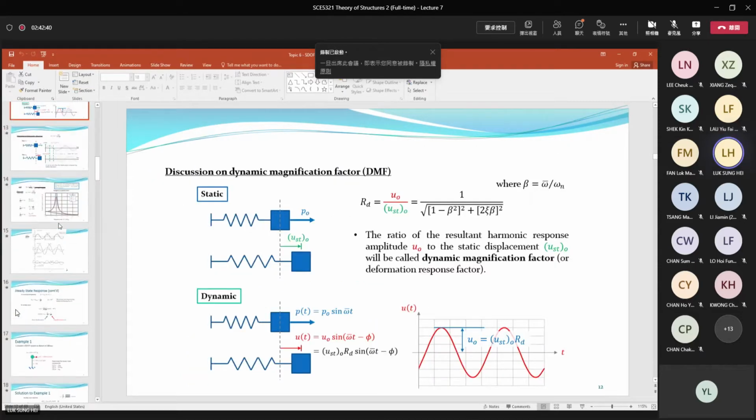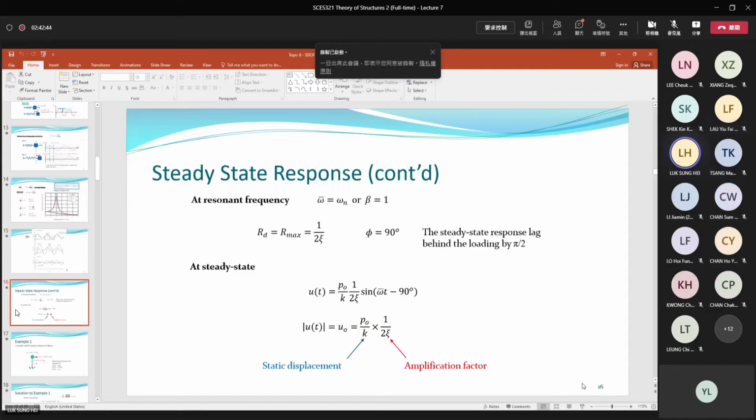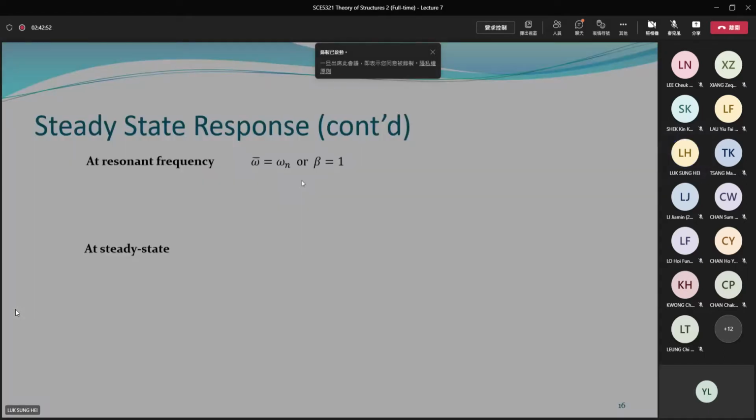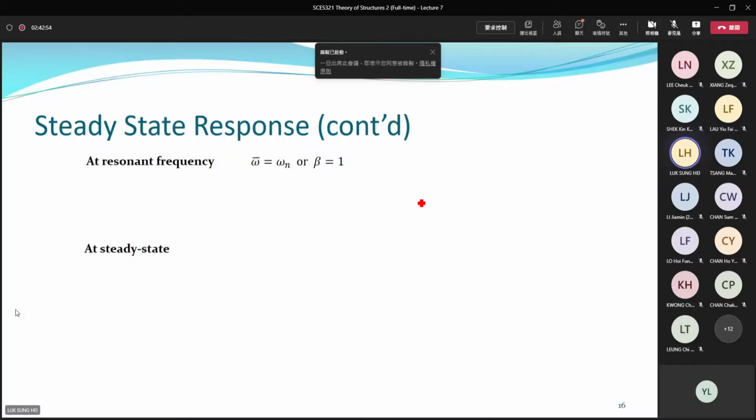And then we discussed some physical meaning right here. We start from this page, page 16. We know the steady state response of a system. Among all frequencies, there is one special frequency we are very interested in, which is the resonant frequency.